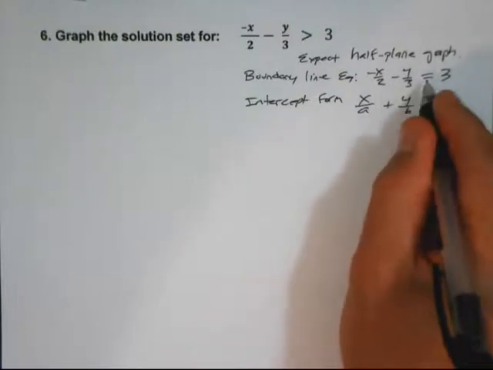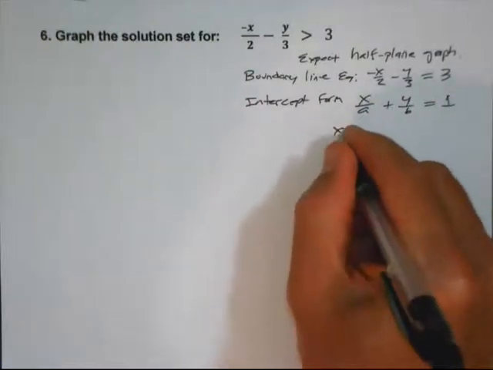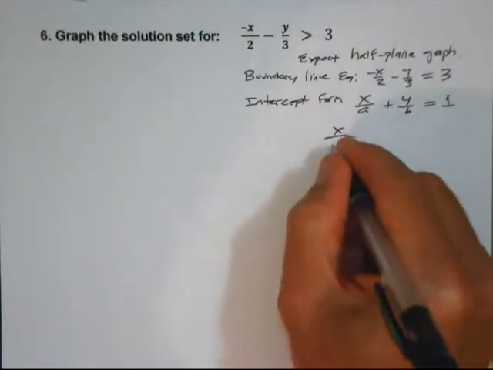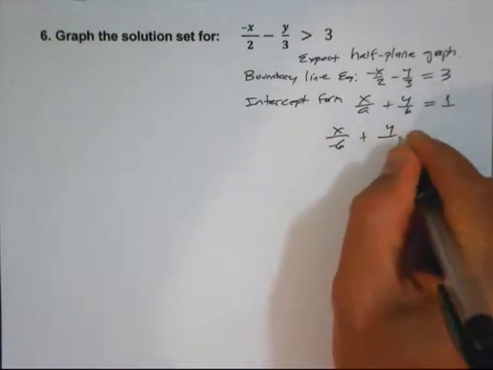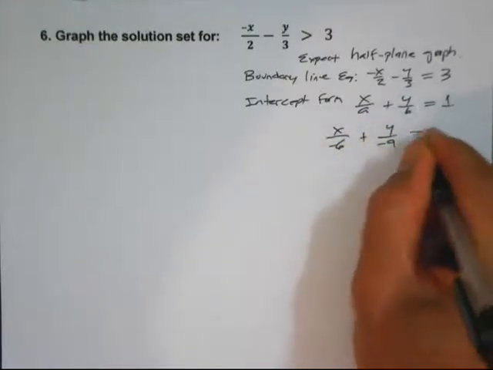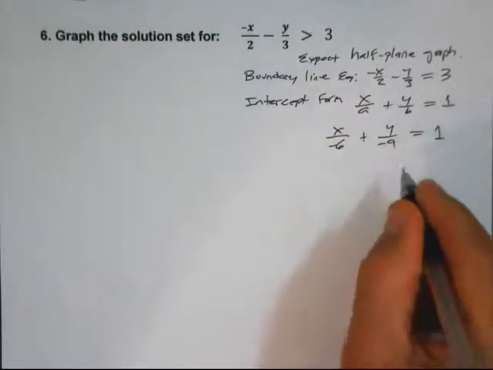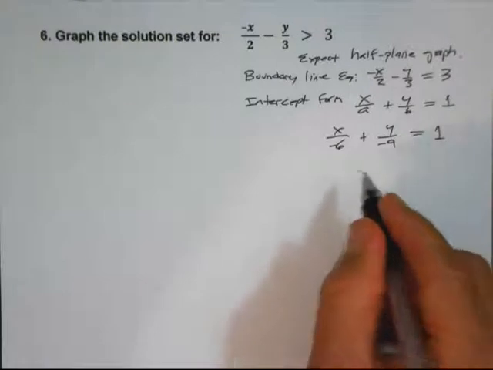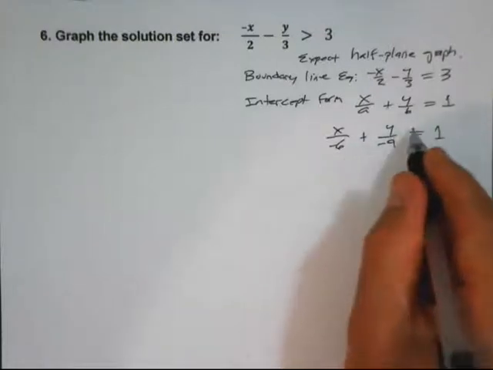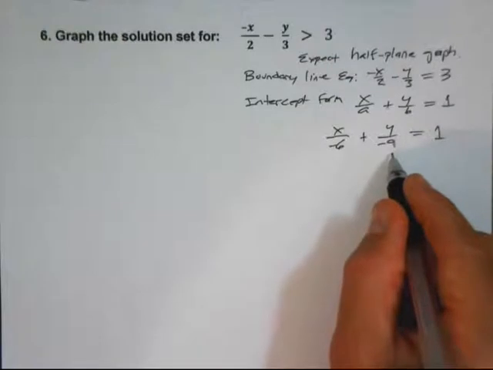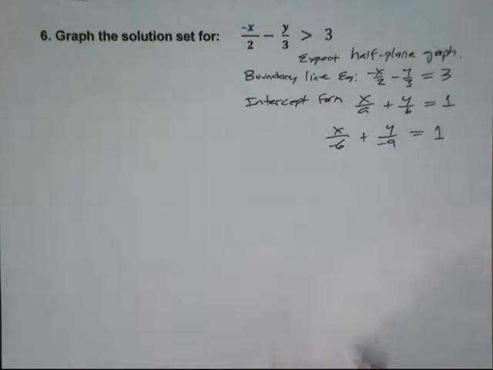Divide both sides by 3, and it's there. We could have x over, call it negative 6, plus y over negative 9 equals 1. Now, it's in intercept form, and we can see what the intercepts would be. The x-intercept, negative 6, y-intercept at negative 9. Okay, so we're planning for quite a bit of space for the third quadrant.